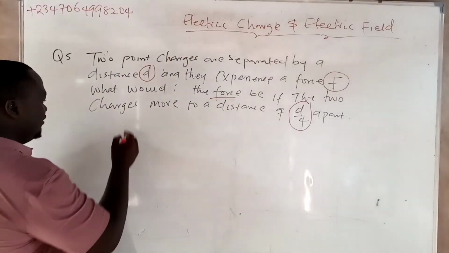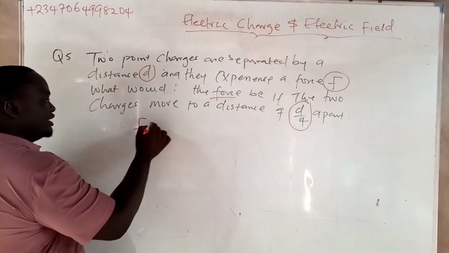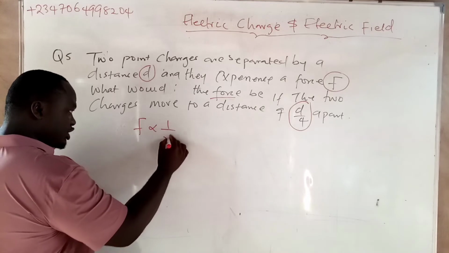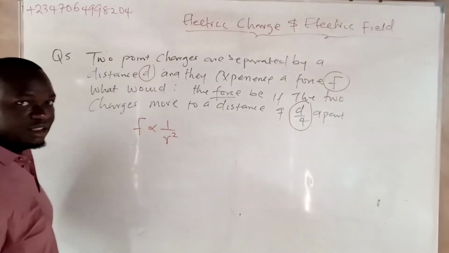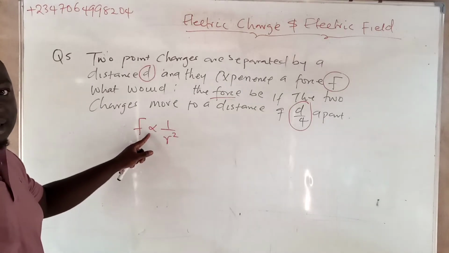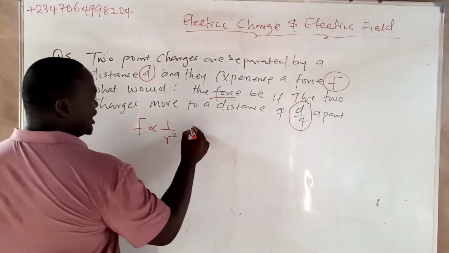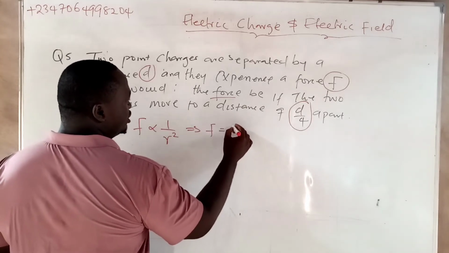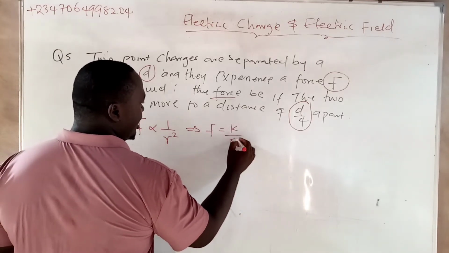Remember from electrostatic force that we say the force is inversely proportional to the square of the distance apart. Now, if I want to remove the proportionality sign, I will introduce a constant, which is F is equal to K all over R squared.